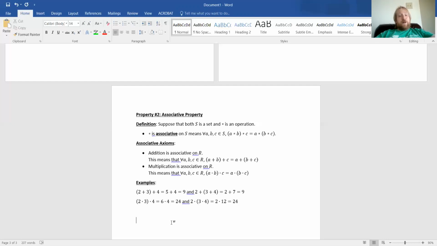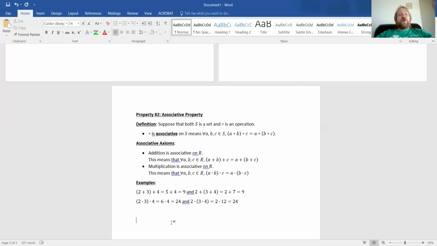In addition, and that was not a pun, but in addition, just like commutative, associative is a property of an operation. And by that, I mean, once we know that the operation, addition, say, is associative on the reals, it is automatically associative on the integers or on any subset of the reals.